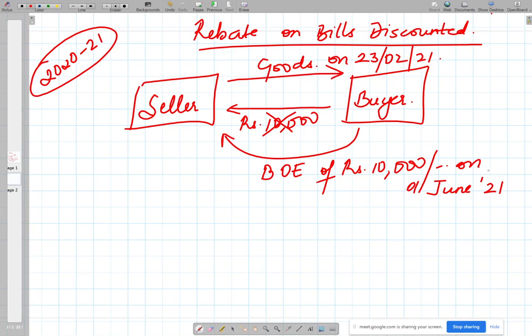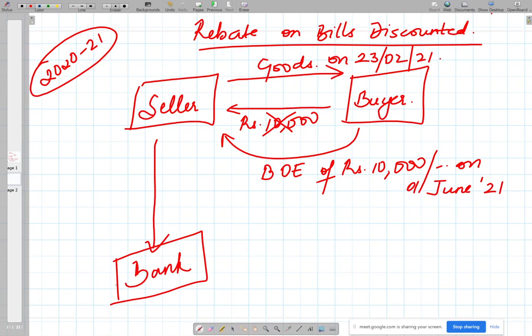But if he still needs the money very urgently, what he can do is go to the bank and discount the bill. Let's say the goods were sold on 20th, then 3 days later, on 23rd February 2021, the seller goes to the bank and gets the bill discounted. What is discounting?